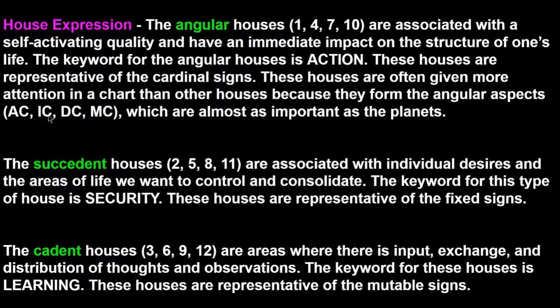The Imum Coeli is the 4th house. And we're going to talk more about these in today's class. The 7th house, DC, is the descendant. And the 10th house is the Midheaven, the MC. And these are almost as important as the planets.